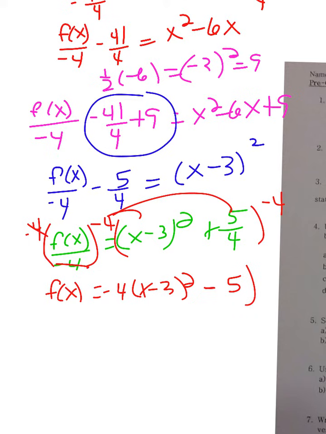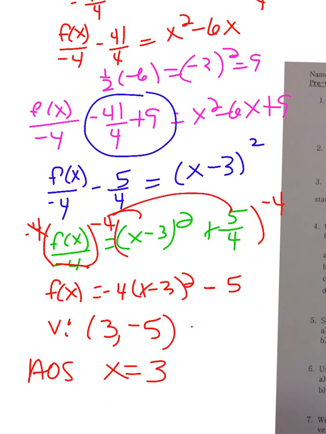All right, so then my vertex is (3, negative 5). I have an extra parenthesis, I don't need that. So my vertex is (3, negative 5), and my axis of symmetry is x equals 3. All right, so let's try the next one.